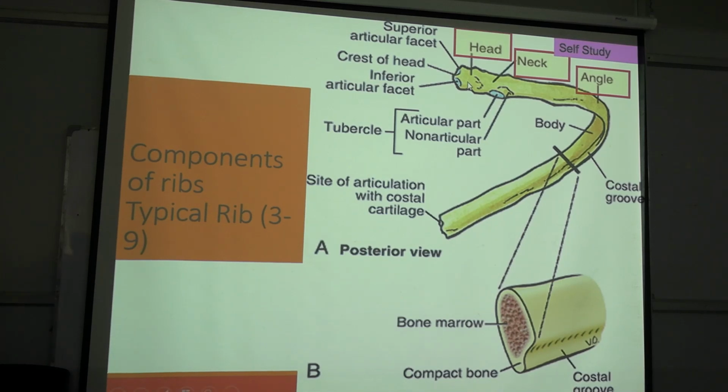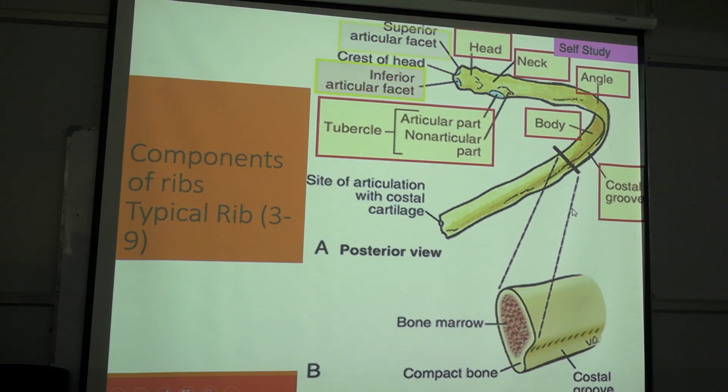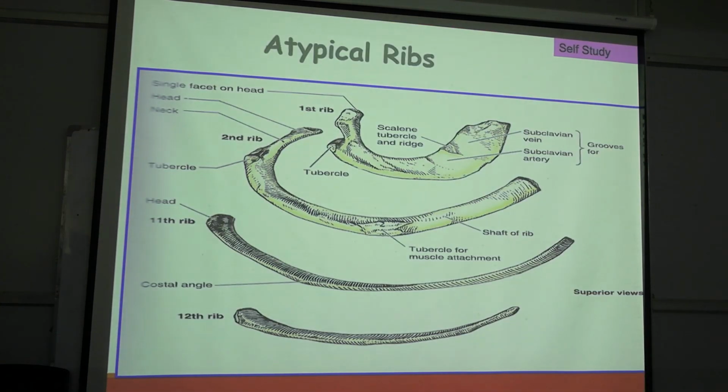The head has facets, then the neck and the tubercle. The body has an upper end and a lower end, marked by the costal groove lodging the neurovascular structures. You have to know the superior and inferior articular facets on the head, intervened by the ridge, and what articulates with them. Then the tubercle articulates with the transverse process of the same number vertebra.